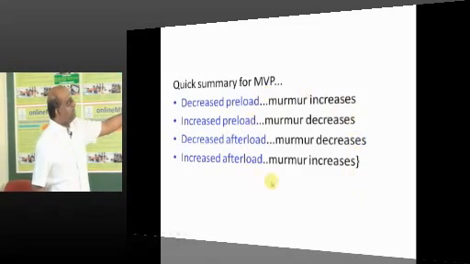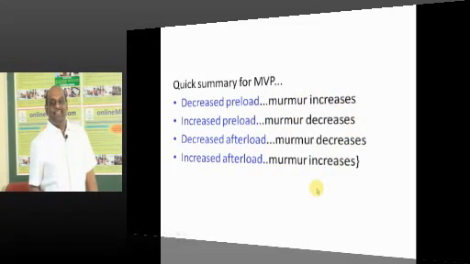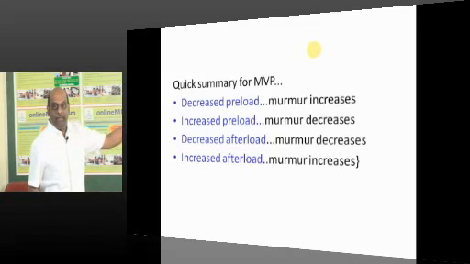Ideally, I should block these things and ask you. Decrease preload in MVP? Close the eyes and tell. What is the answer? Murmur will increase. Increase preload, murmur decreases. Decreased afterload, murmur decreases in MVP.